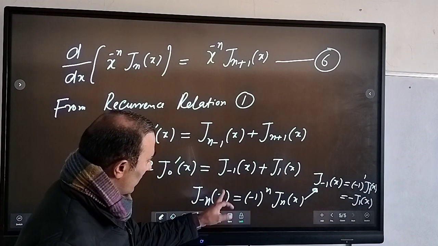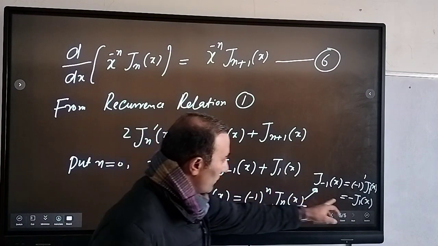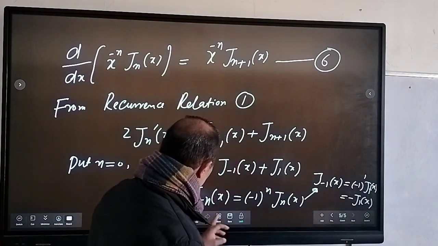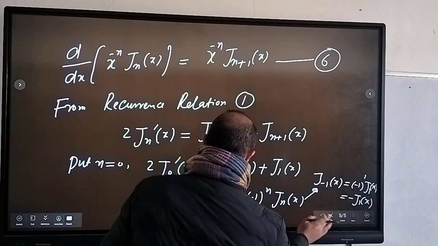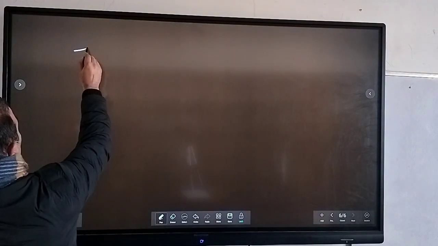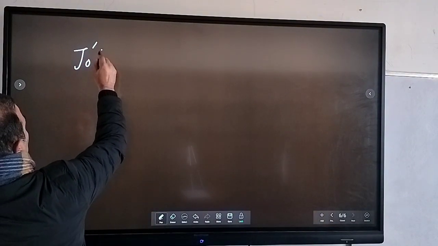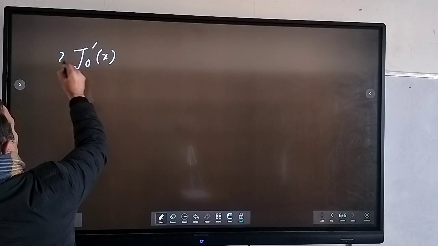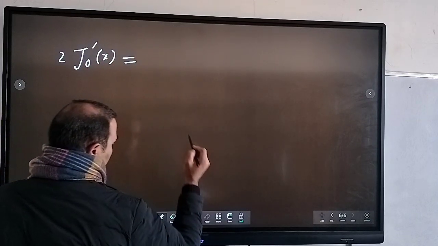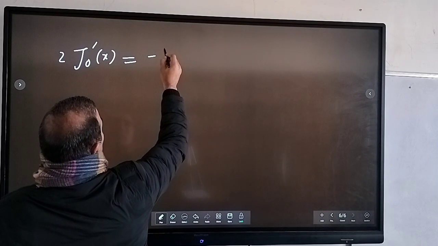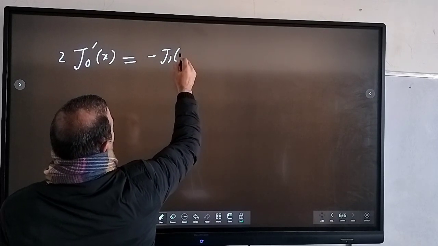So let's use it here, because J_{-1} of x will be minus J_1 of x, right? So we can rewrite this as, that is J_0 dash of x, that is, so that's equal to minus J_1 of x.